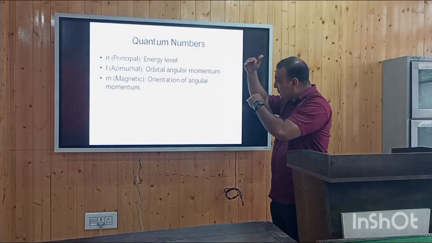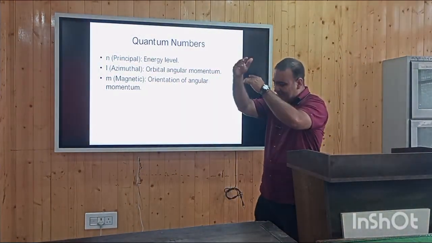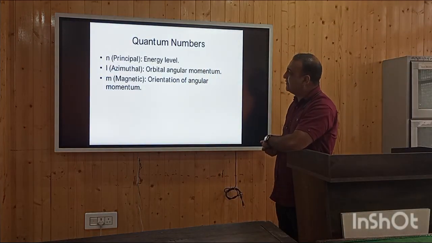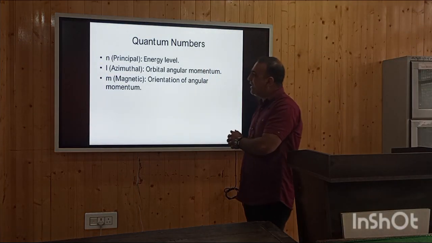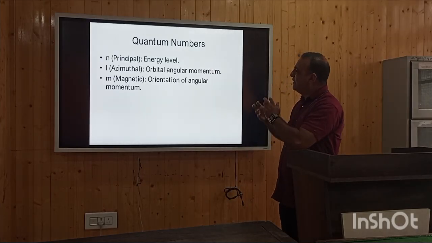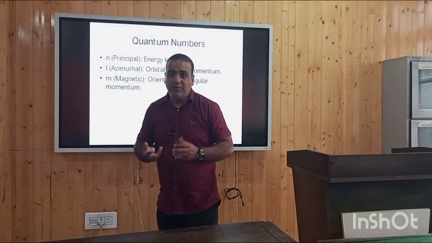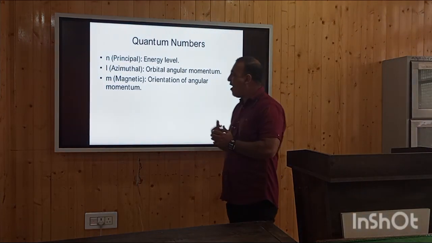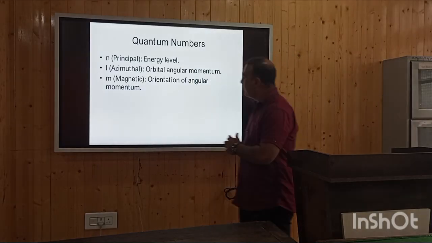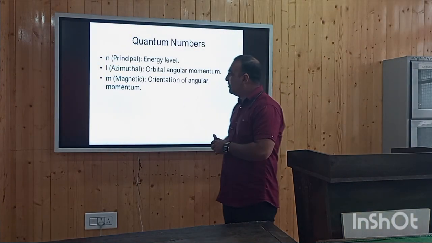You have the energy levels of the hydrogen atom, and the electron can be present in those energy levels. Next is l, the azimuthal quantum number. It's also called the orbital quantum number, and it gives us the measure of the orbital angular momentum of the electron. And then we have the magnetic quantum number, which is given by m, and generally it's written as m_l. It tells us about the orientation of angular momentum.